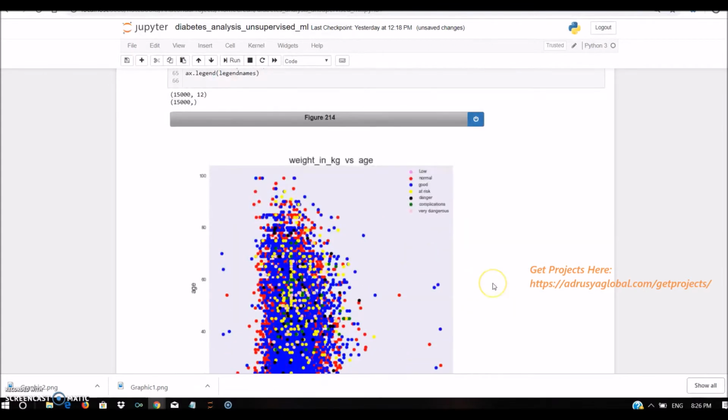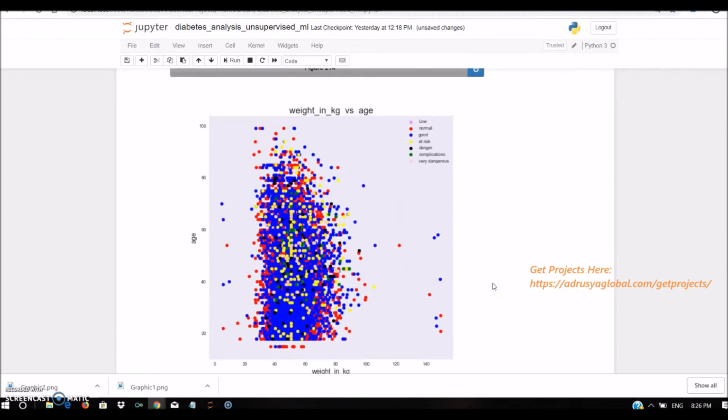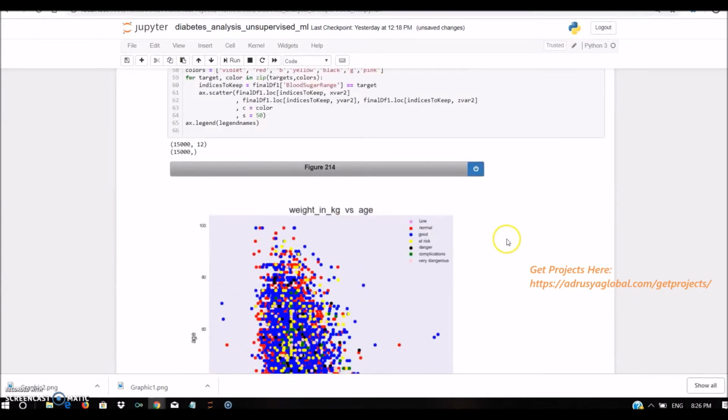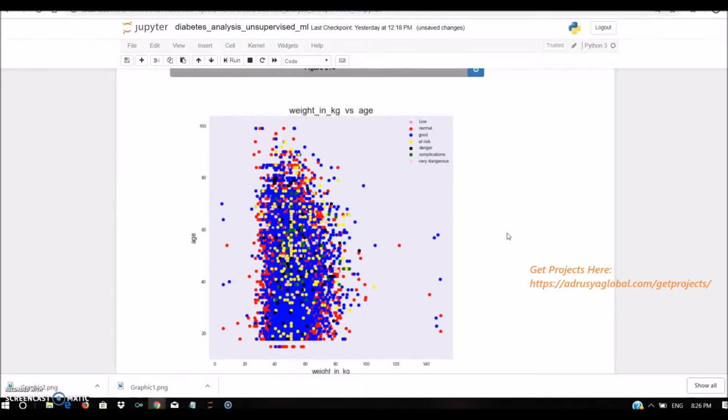And then if you project any two, like weight in kgs versus age, this is the weight and this is the age. If you did it this way without the PCA, you can still understand that there are some clusters here, especially the blue ones.